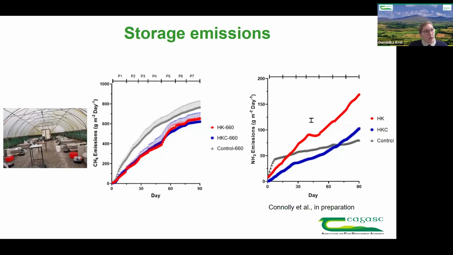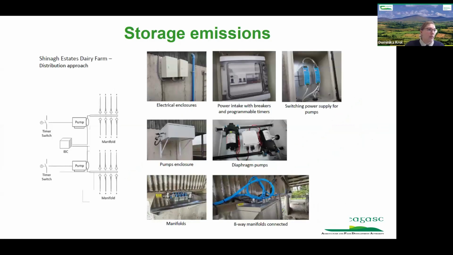So if that treatment was repeated more frequently after that, or if the slurry storage pre-AD was kept to a short period, then that additive was still very effective at reducing methane emissions, but it was also effective at reducing ammonia emissions. And that particular treatment is being tested further at a pre-commercial scale.